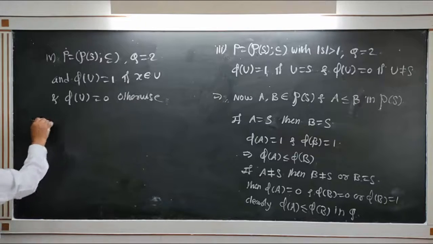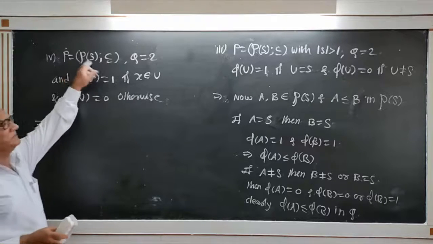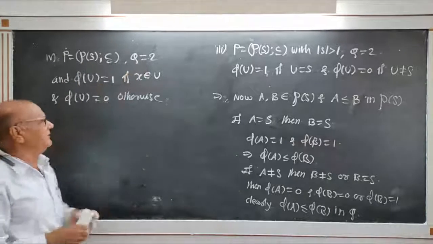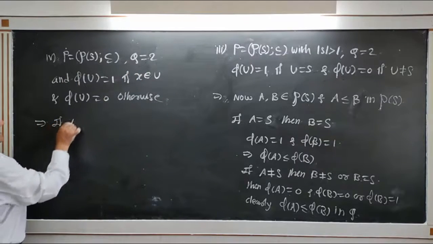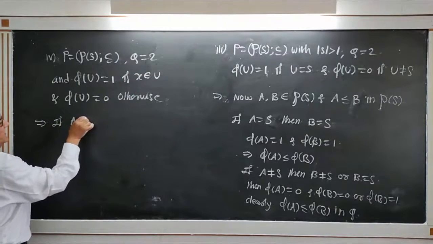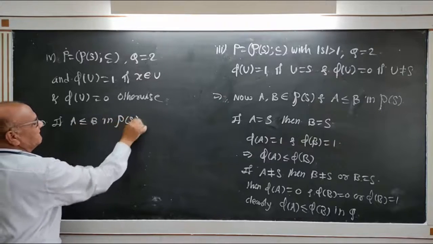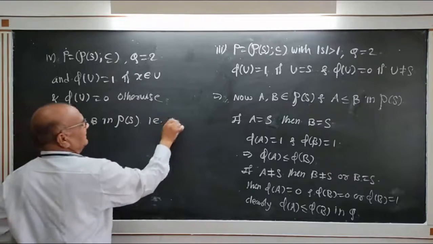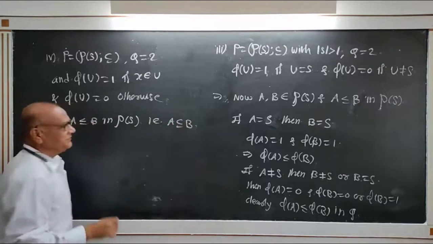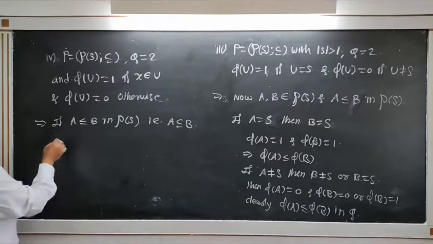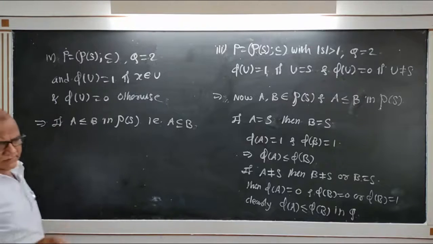Here P is the power set of S, Q is a chain of 2 elements. If A is related to B in P, that means A is a subset of B.